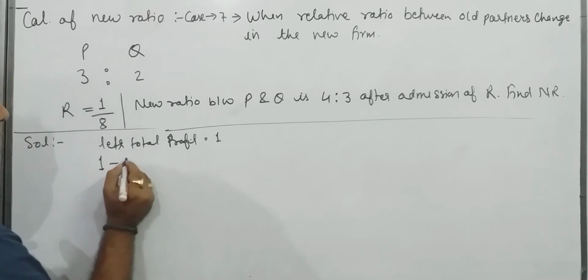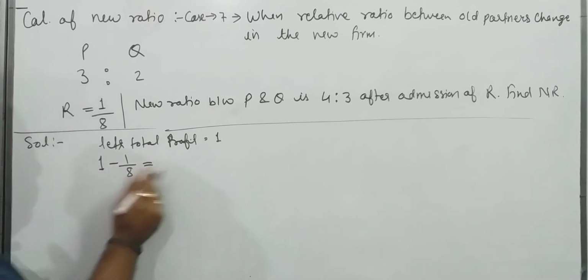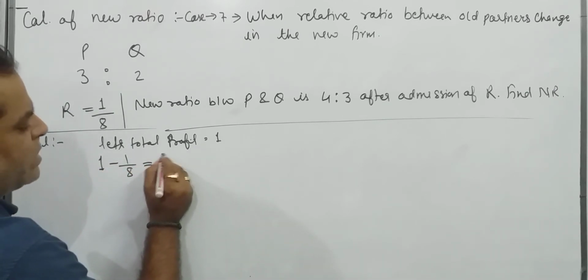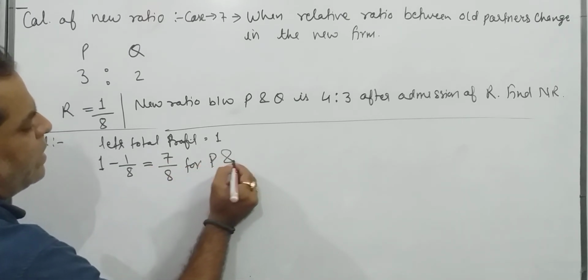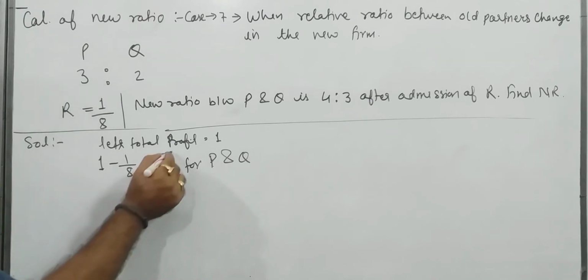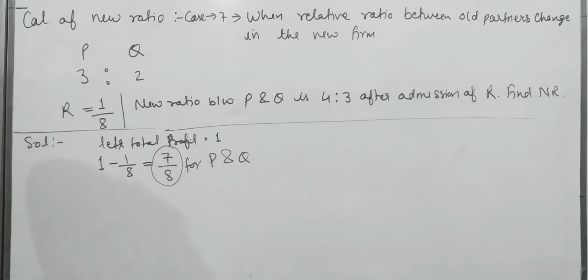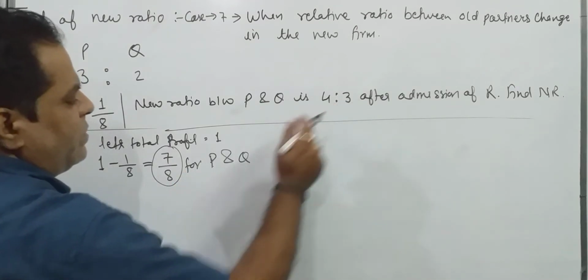So 1 minus 1 upon 8. How much is left? 7 upon 8 for P and Q. So this remaining portion will be distributed by P and Q in this new ratio.